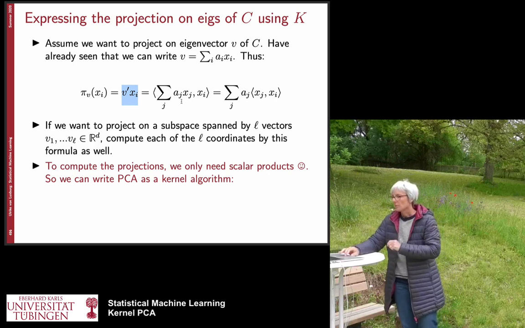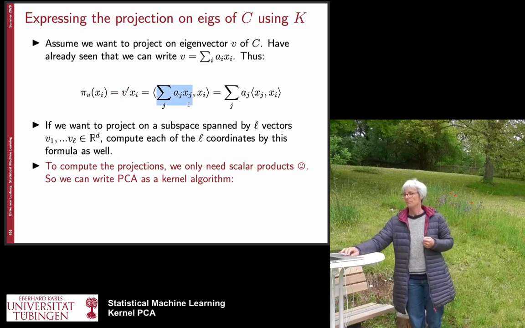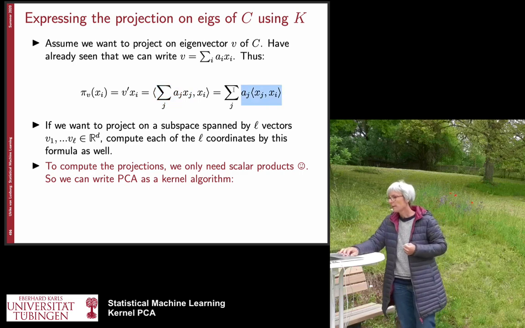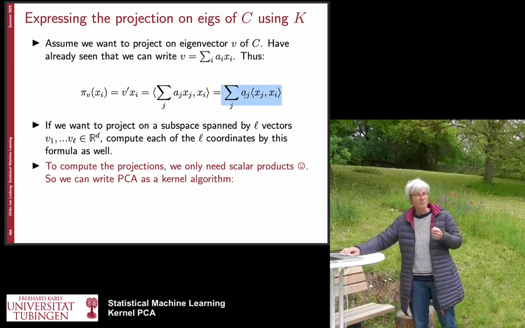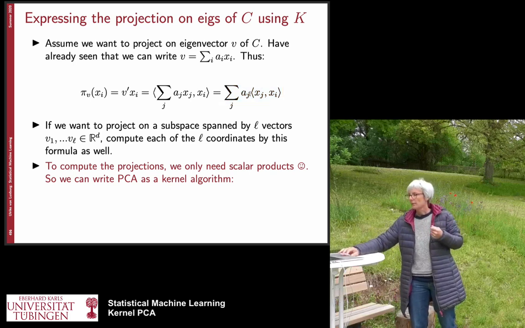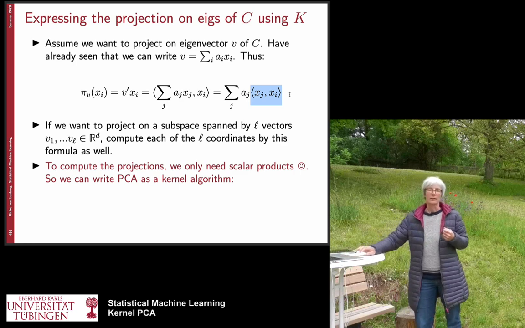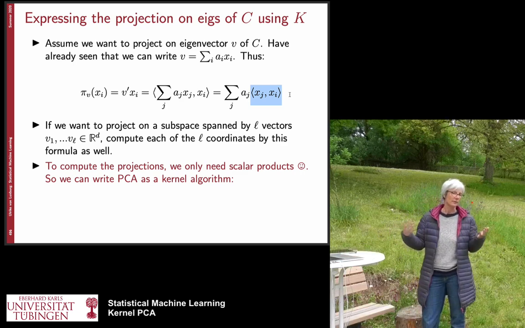Here we have the scalar product, and now we also replace the vector v by its definition. This is now a sum involving coordinates of the vector a, which comes from the kernel matrix, and the scalar product of x_j and x_i. And the scalar product, again, is our kernel value.